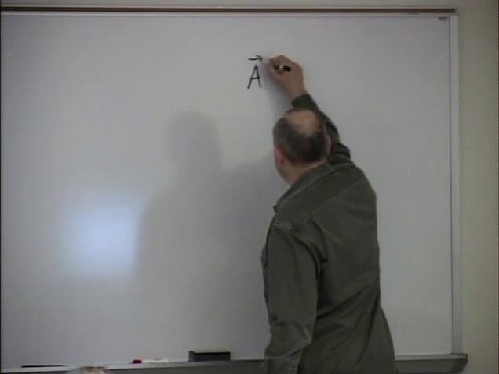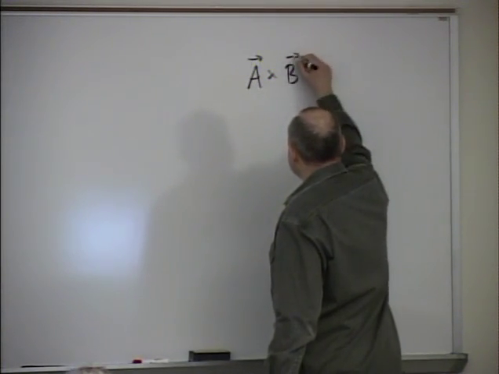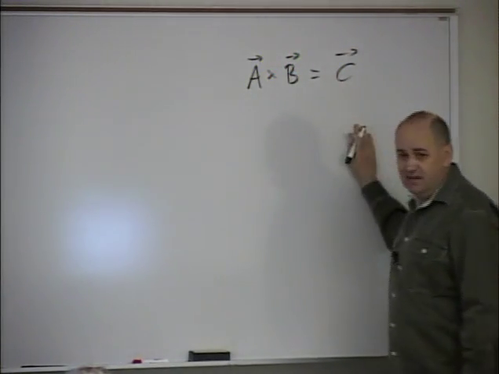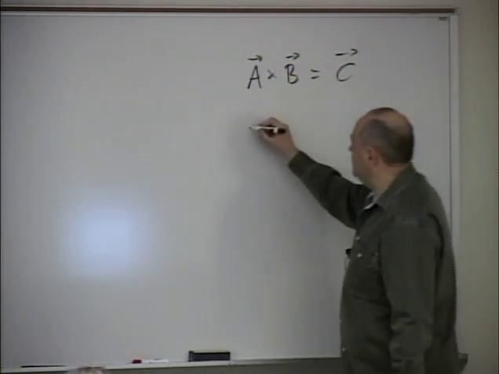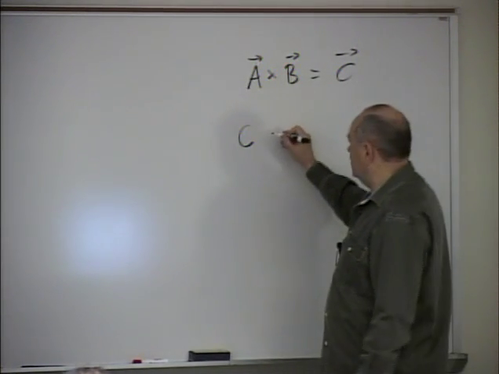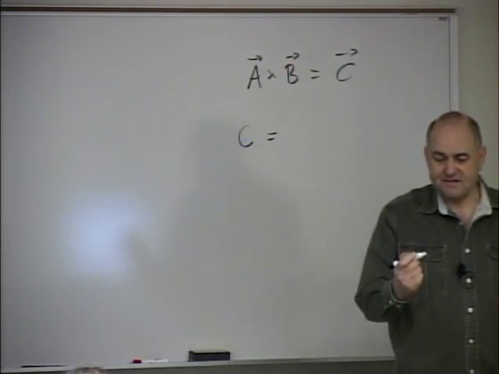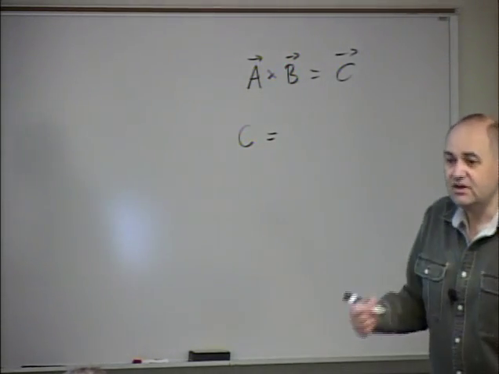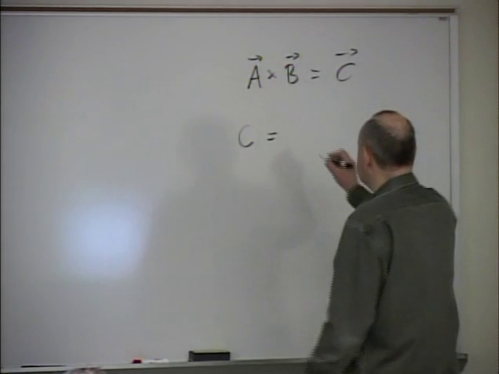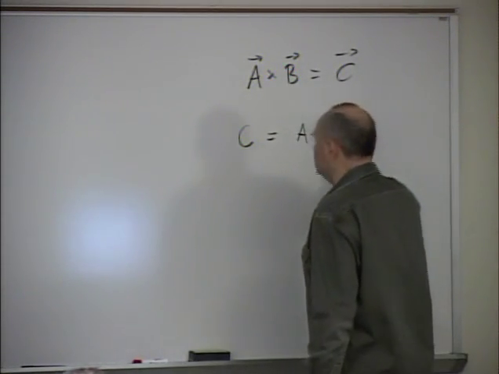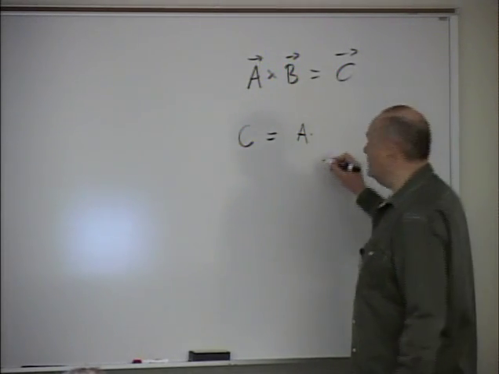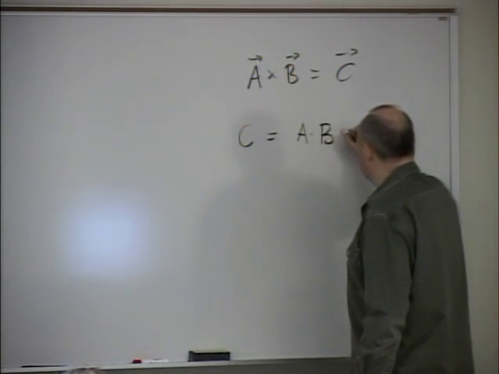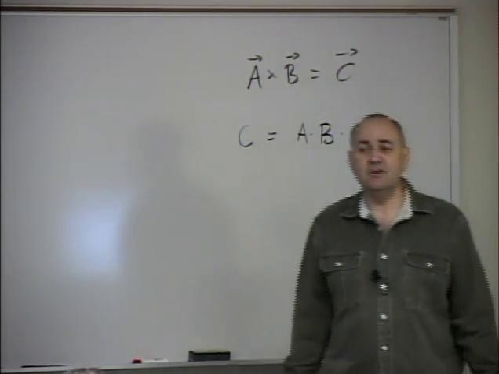If I have vector A and multiply by vector B, let's say the result is vector C. The magnitude of this product is equal to magnitude of the first vector times magnitude of the second vector times, what function?